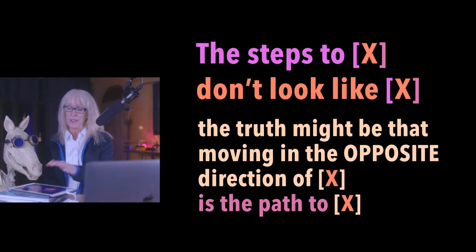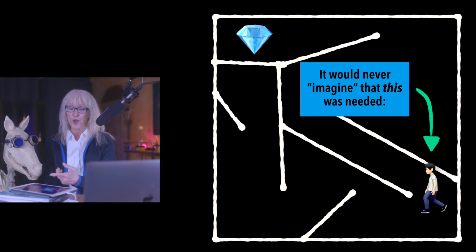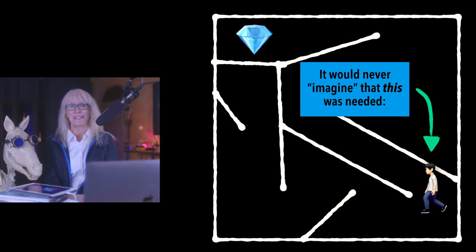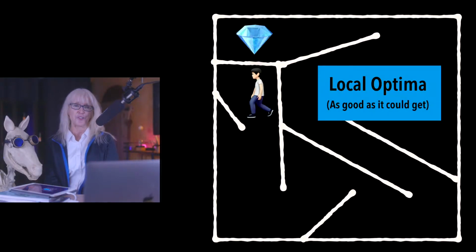But the truth might be that we actually need to move in the opposite direction, and no one's going to reward it for going way the hell out there, because we only know because we actually see the maze. But if you don't know that maze, you're never going to think that's promising. So we were trapped in a local optima, which means that we thought this is as good as it gets because it's as close as we can get. So we just get stuck.